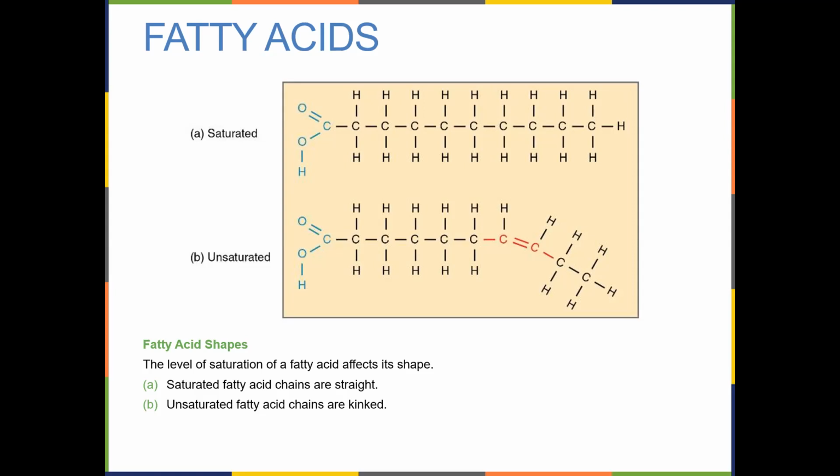What will happen is that in an unsaturated fat, somewhere in the chain, the polymer, you'll have a double bond between the carbons. And at that double bond, the long polymer chain of carbons and hydrogens will have a kink in it. It will have a bend in it. It will have a twist in it. And you'll have a bend in the chain.